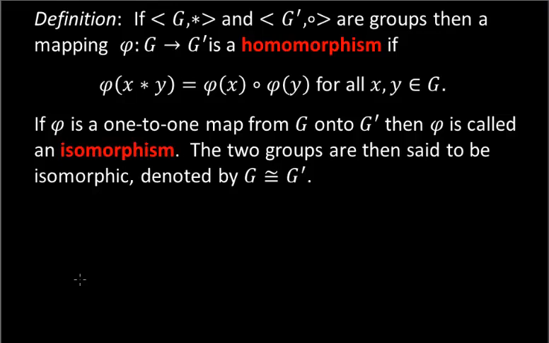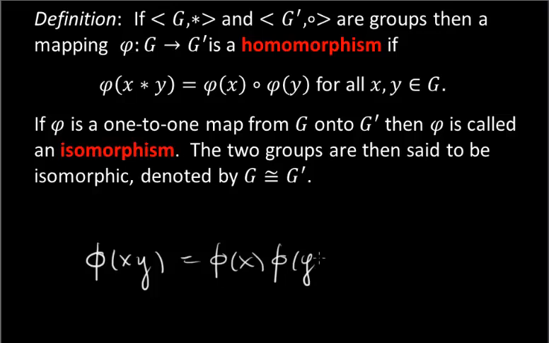Now notice we will usually not be using these symbols. We'll know what the operations are, but we won't see them written. We're going to just say phi of xy is equal to phi of x, phi of y. You have to be aware of what groups you are in.